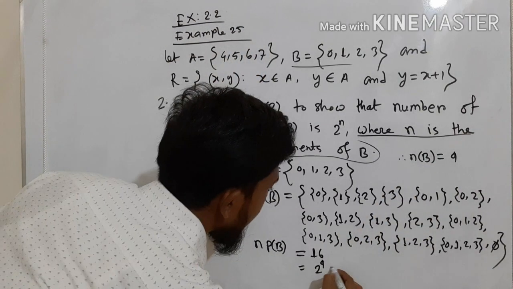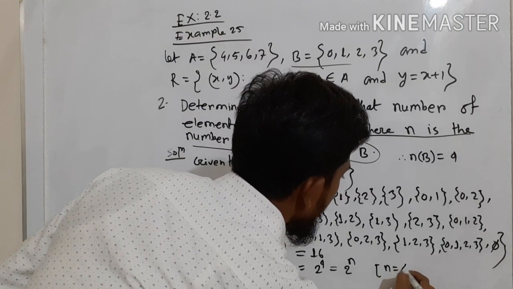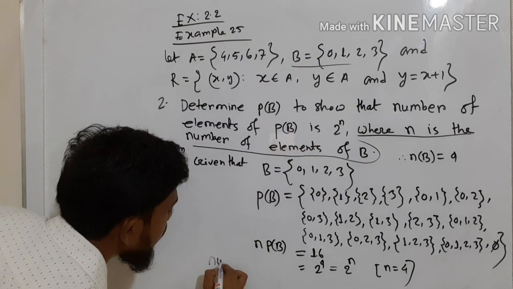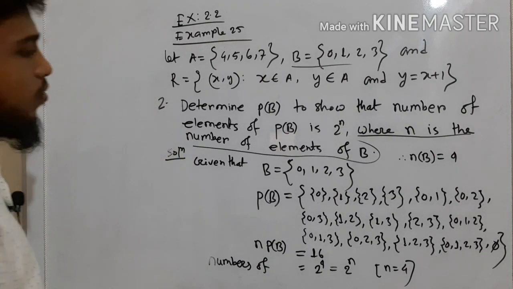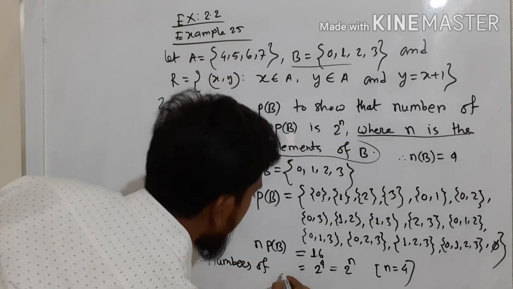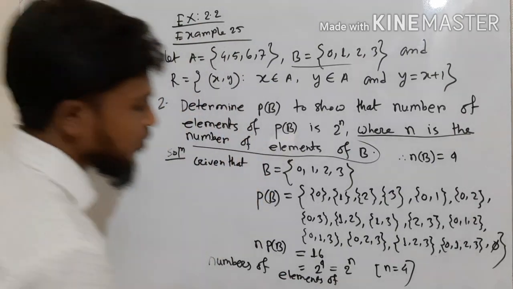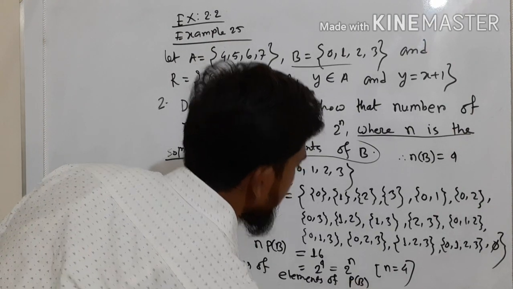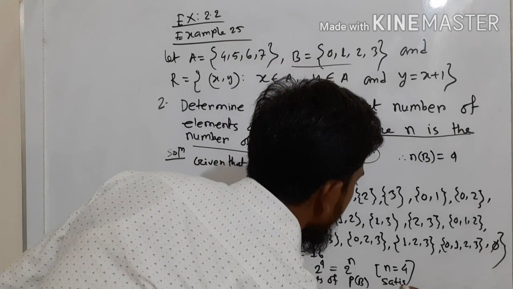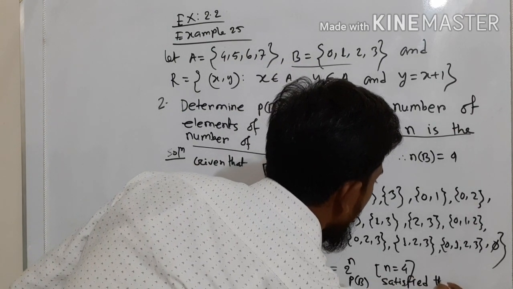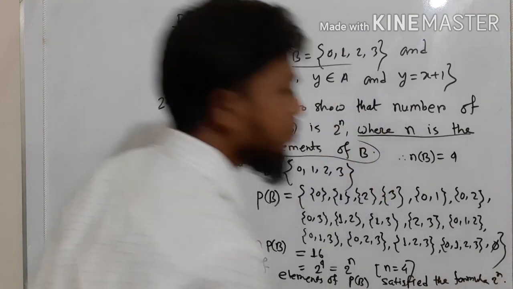So we can write 2 to the power n, where n equal to 4. The number of elements of the power set of B satisfies the formula 2 to the power n.